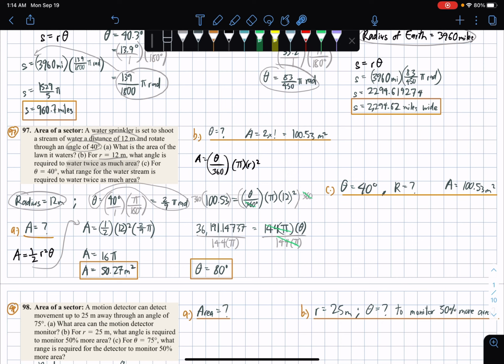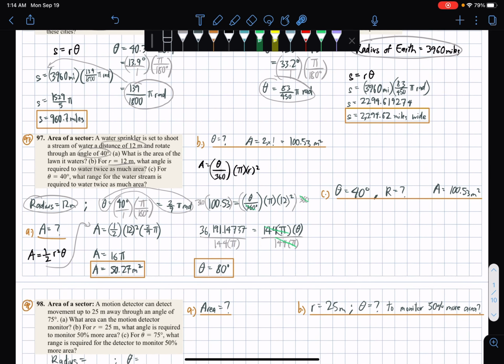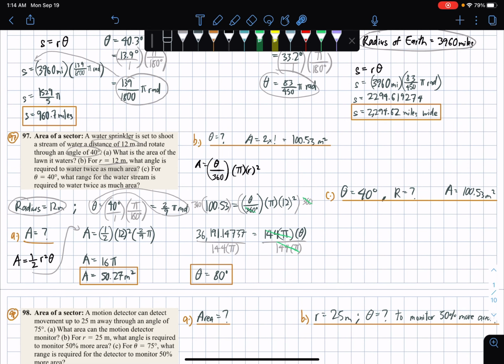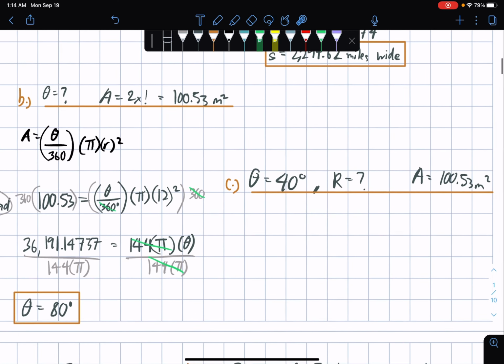But if there is a specific specification that you have to convert the final answer in either degrees or radians, specifically in radians, please do so. It's just one step more than leaving the answer as is. Anyways, let's move to letter C.